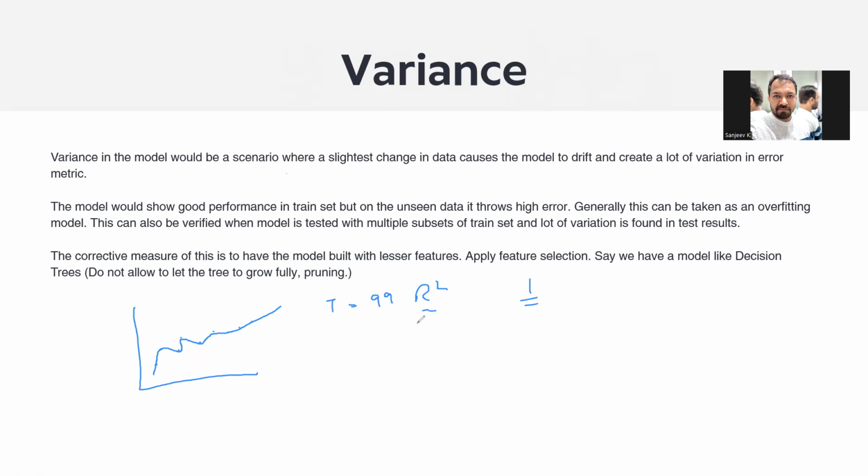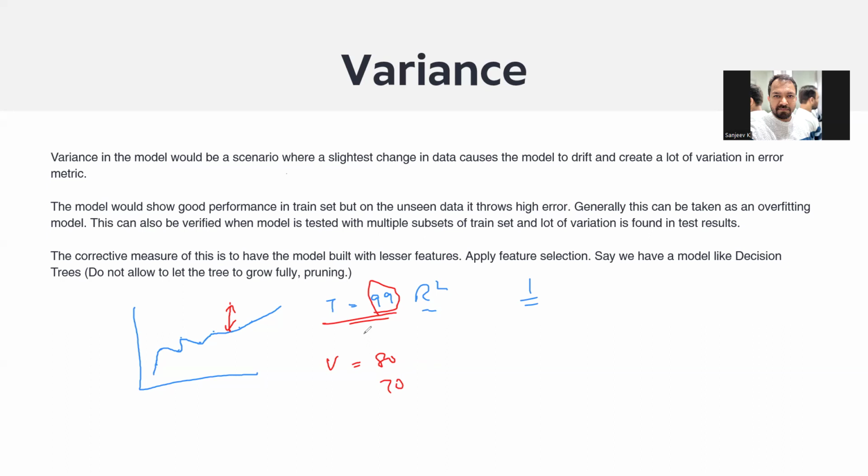So on the train, it is very good. But when I fetch unseen data, the model makes a lot of mistakes. The R square which you saw on the train at 99, at the validation you might see at 80 or maybe 70, far away from what the 99 was. This is overfitting.